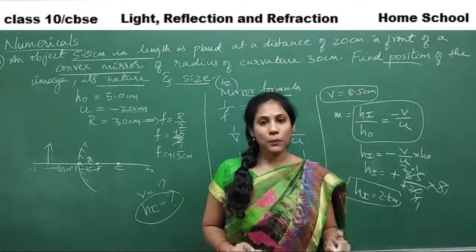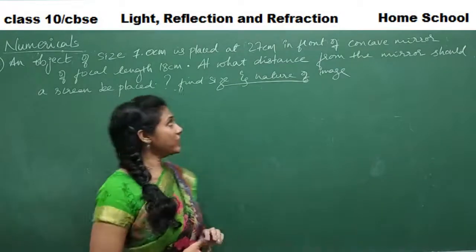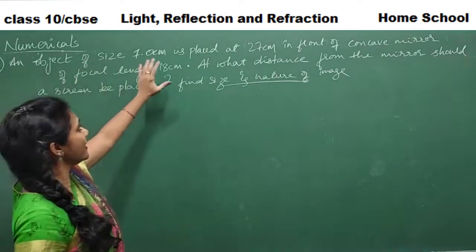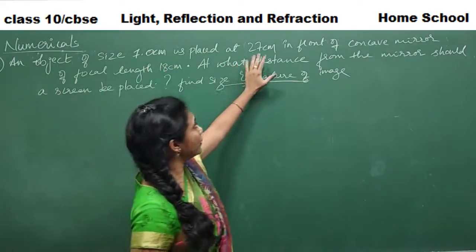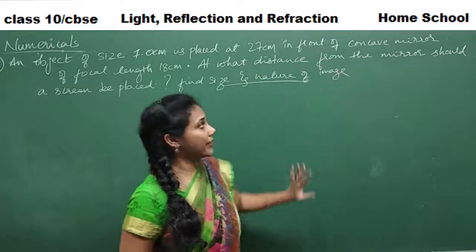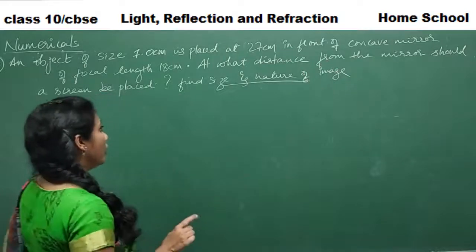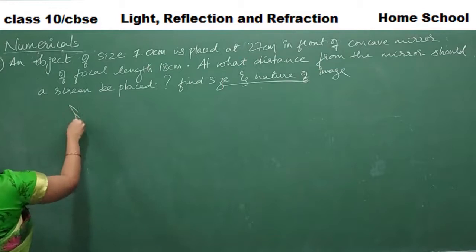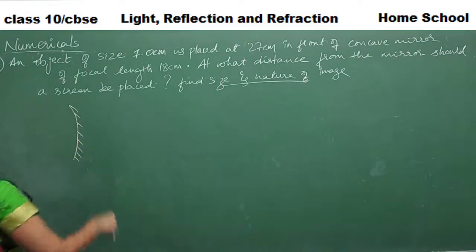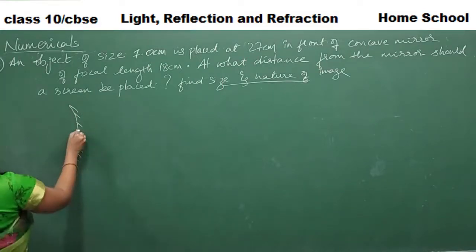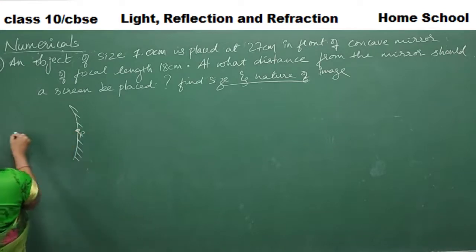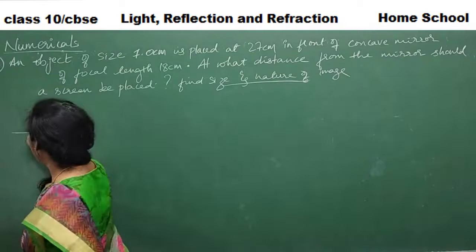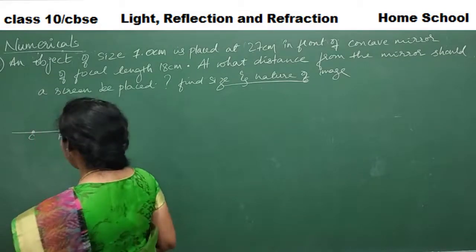Let us see one more problem. Coming to the fourth question, read the question carefully. An object of size 7 centimeter is placed at a distance in front of a concave mirror. It's a concave mirror. So this is our concave mirror, where this is the pole, and here you have the focus and here you have the center of curvature.